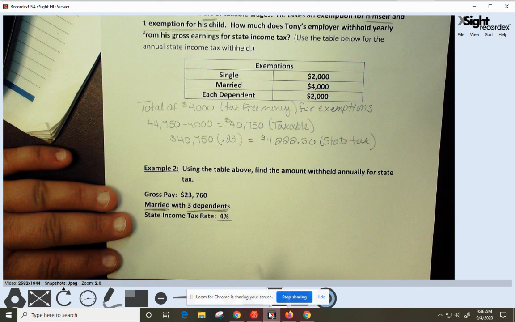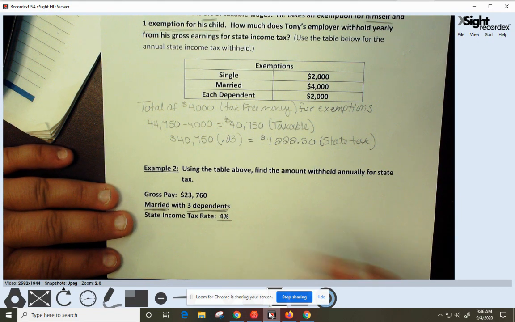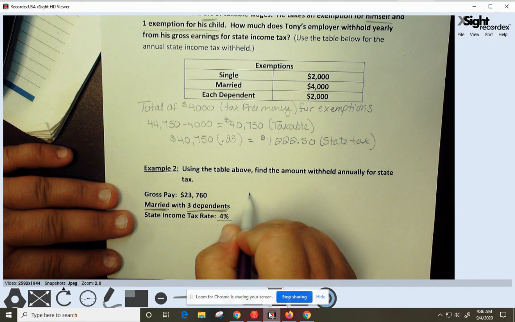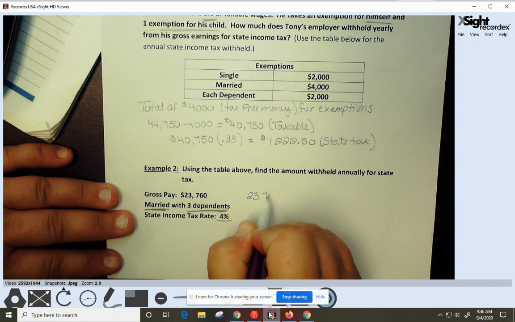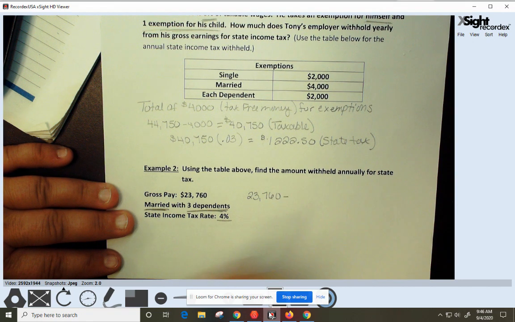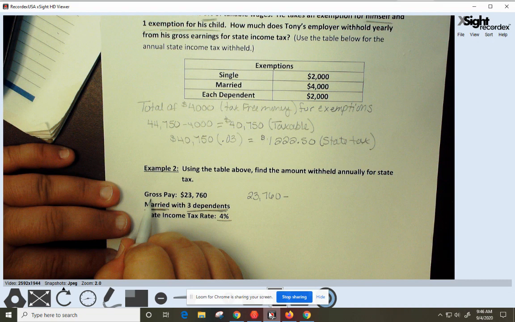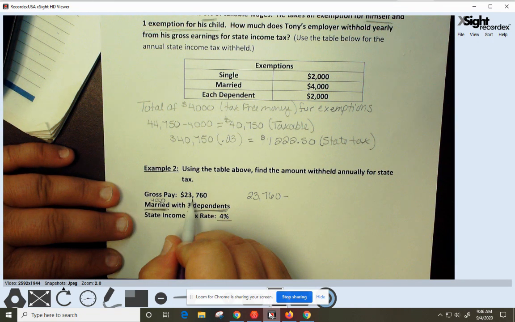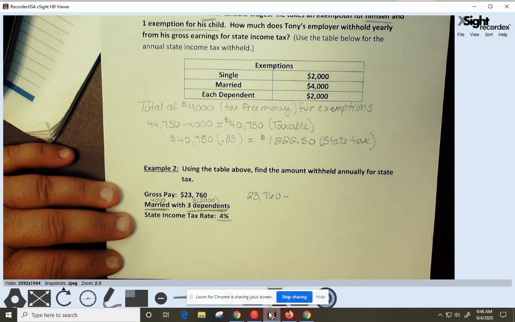Okay, so for my taxable wages, we have to figure out how much we get to take off. So we're going to start with $23,760. He gets $4,000 for married. He's going to get 3 dependents, and each one of those is $2,000.